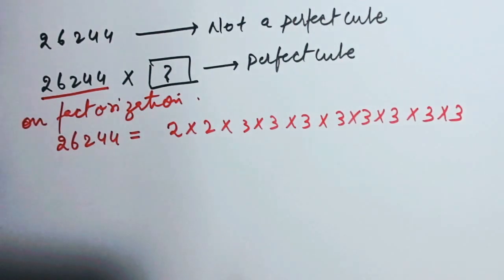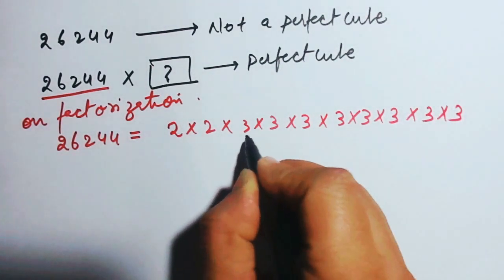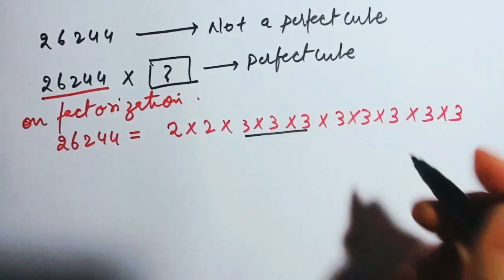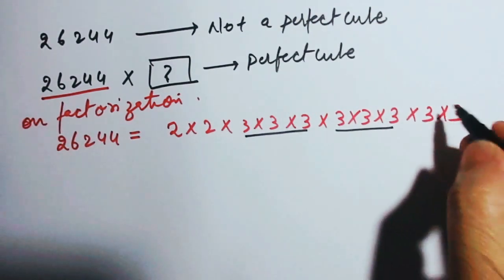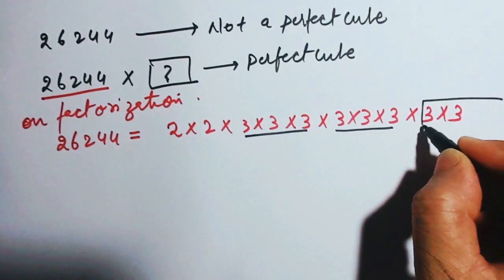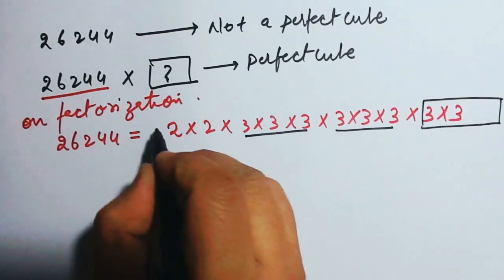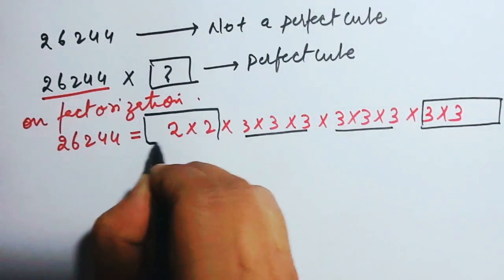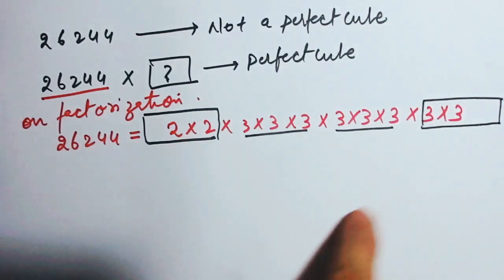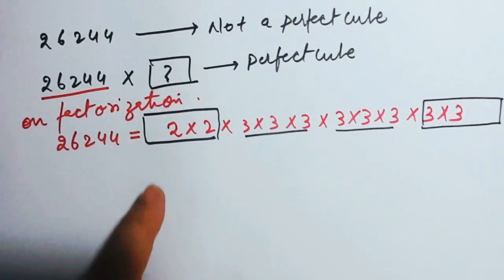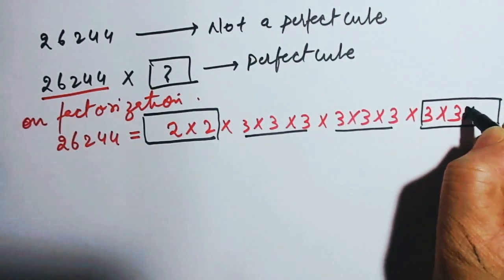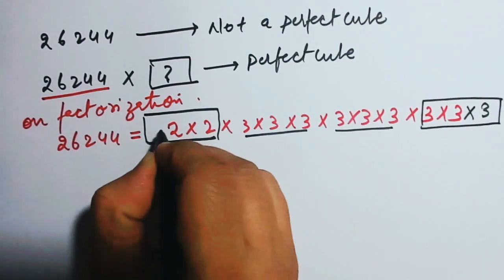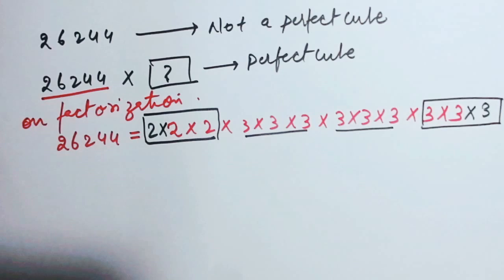Here this forms a perfect cube, this forms a triplet, but these two numbers do not form triplets. Therefore, we cannot remove them because we have not been told to divide. We can only multiply in these factors. So you have to multiply here by 3 and here by 2 so that this also forms a triplet and this also forms a triplet.